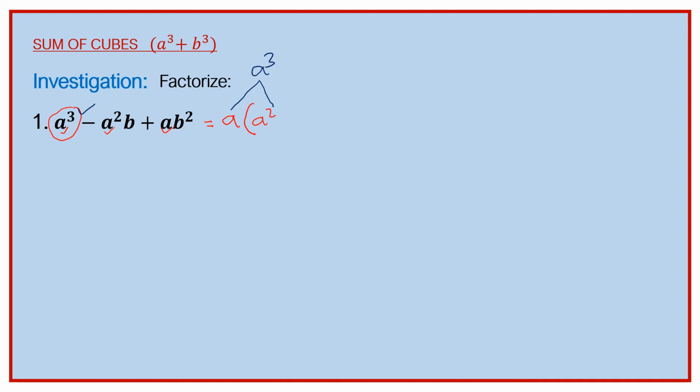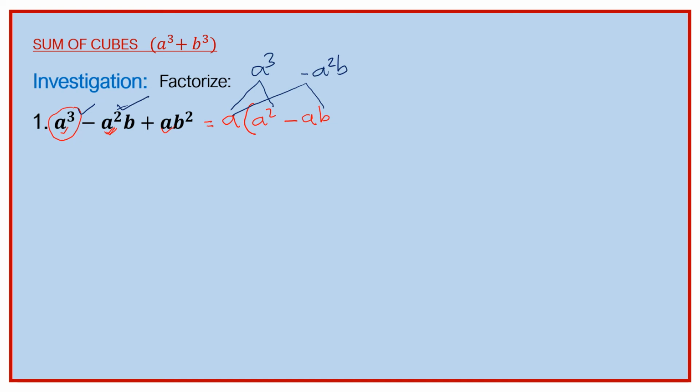Minus a squared. A squared, we already have a. So I will write a, then b. You see that? Such that a and minus ab will give me minus a squared b, which is this one.